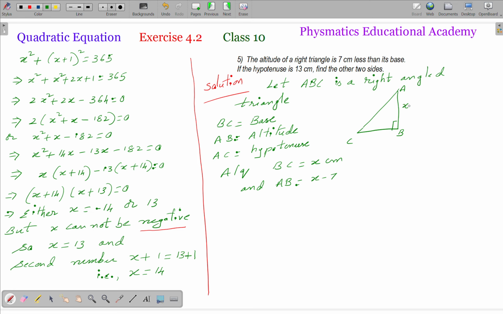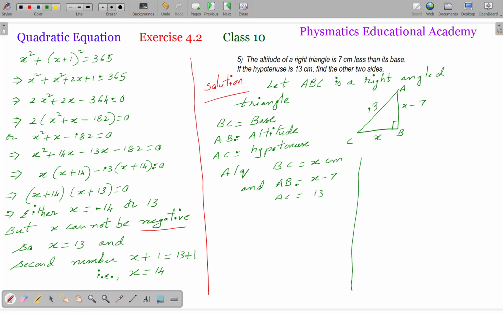It is given. And the hypotenuse is 13, so AC is equal to 13.